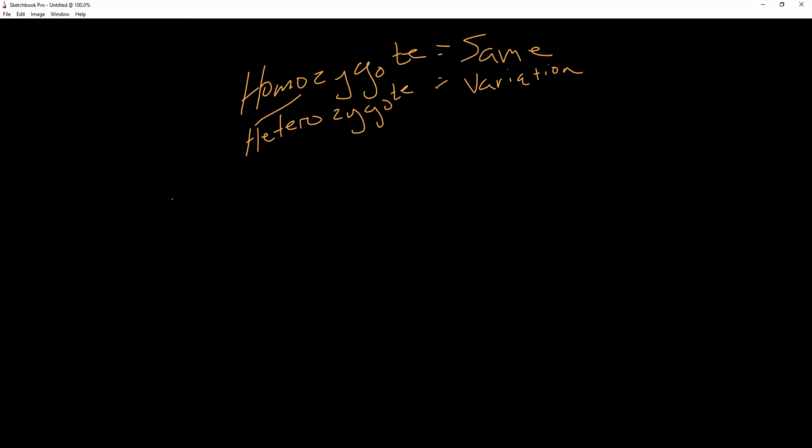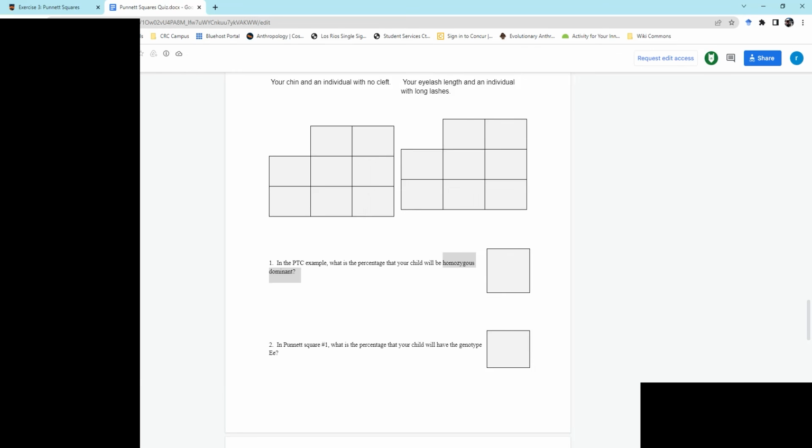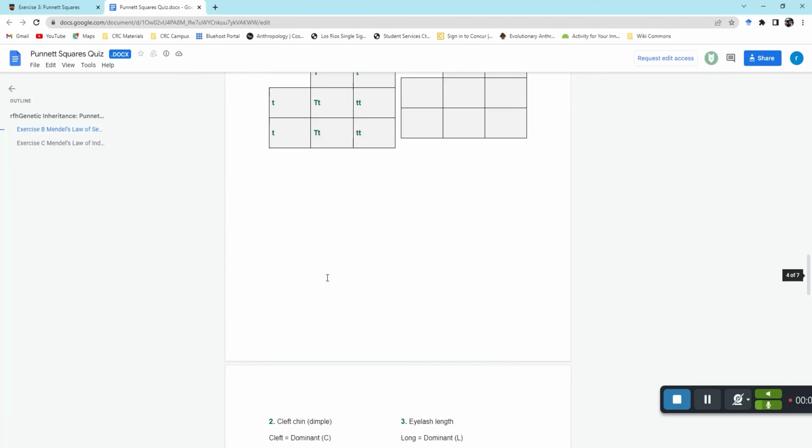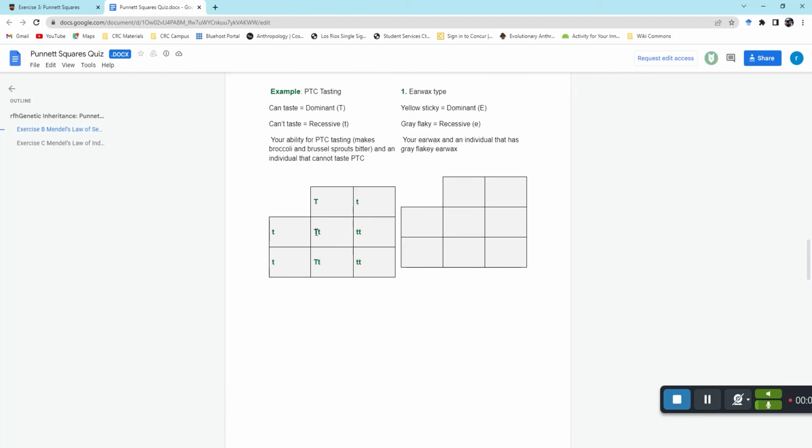So when we want to look at what we had, the possibilities were, if we go back here, we could see a hetero, right? Another hetero, uppercase T, lowercase t, and then we see a homo, lowercase t, and then a homo, lowercase t, lowercase t.